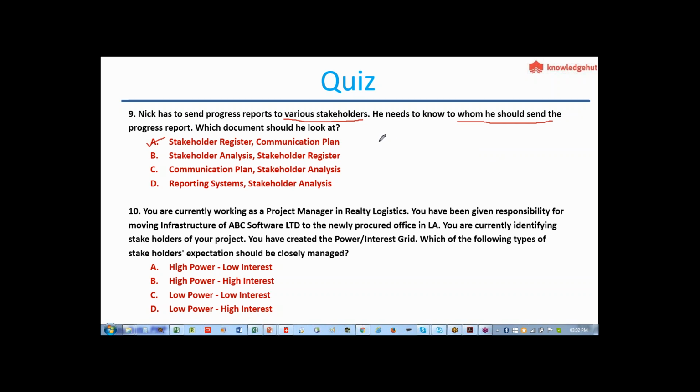The stakeholder register initially consists of the stakeholder contacts, and when you come to communication management, you add those columns regarding the communication, and when you come to the stakeholder management plan, you add the columns for the power, influence and impact, and urgency, legitimacy, etc. So that gives you a complete stakeholder management.